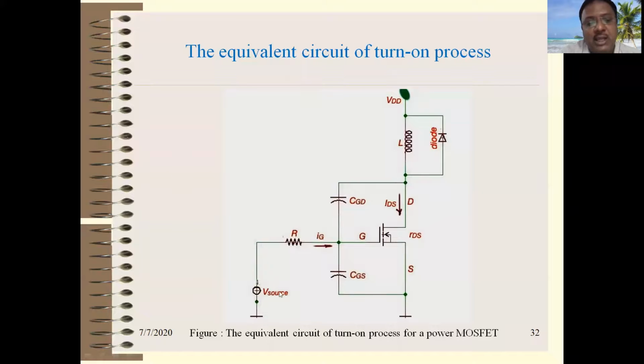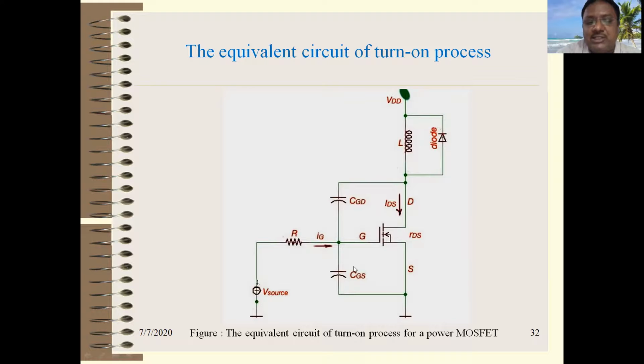What happens exactly when you apply the gate source voltage VGS? Immediately, the free charge carriers start to accumulate in the vicinity of the junction between gate and source. Filling the free charge carriers means that this capacitor starts to charge, right?